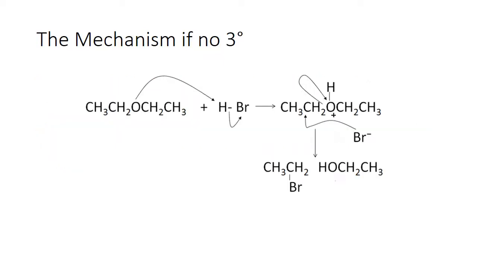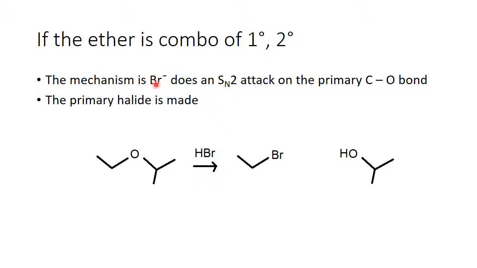So this is the mechanism if there is no tertiary carbon. What happens is the oxygen gets protonated, and then the halide is going to do an SN2 on the least hindered carbon. Here, both the carbons are the same, and so there's no difference. But if there is a difference, you choose the one that is going to be the least hindered.